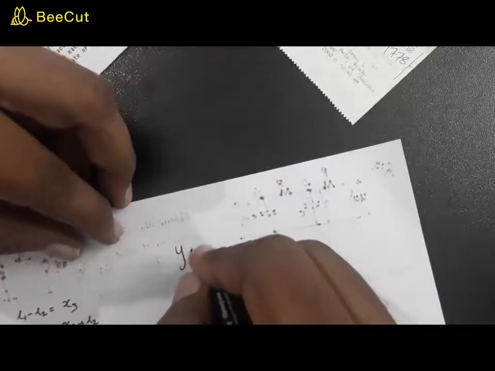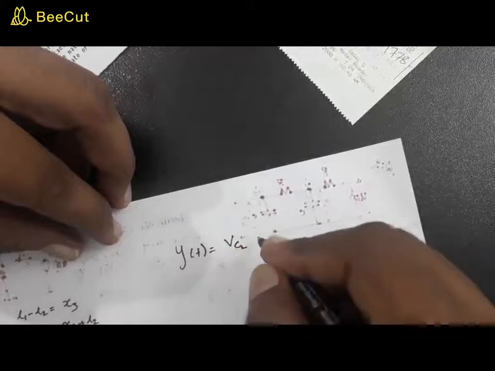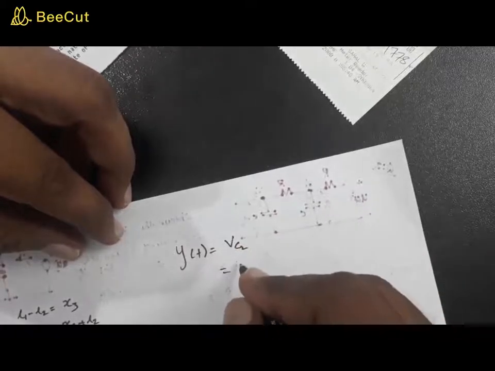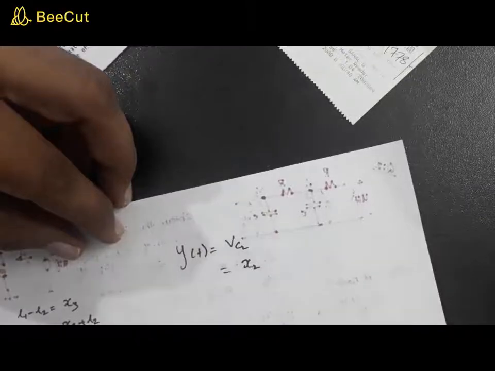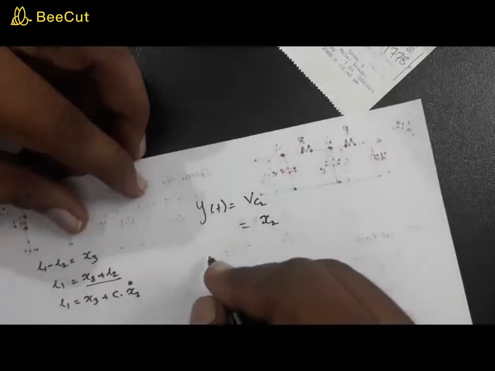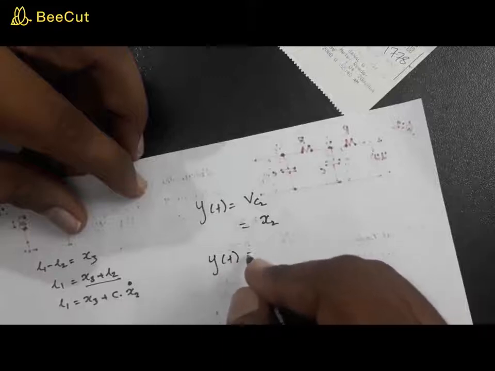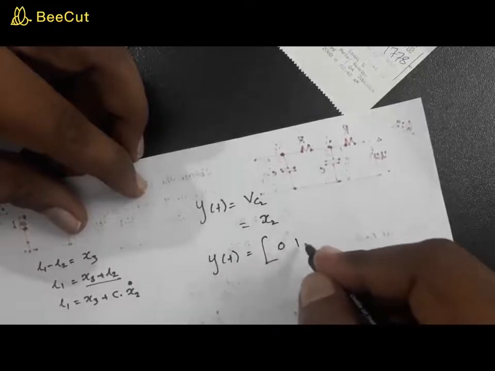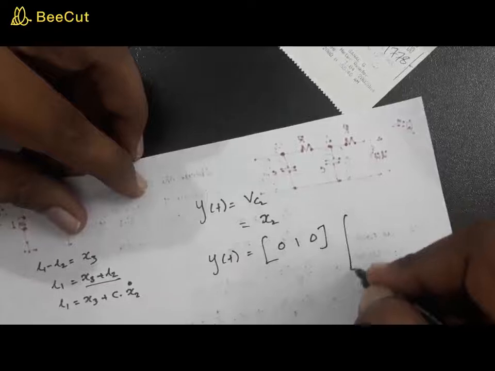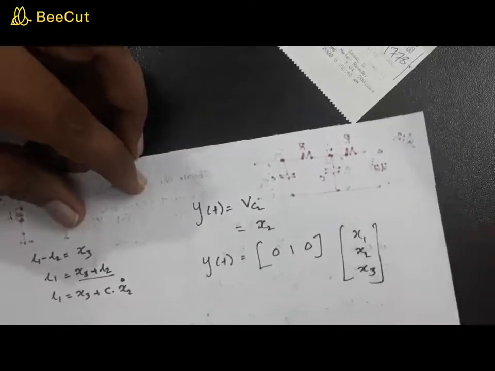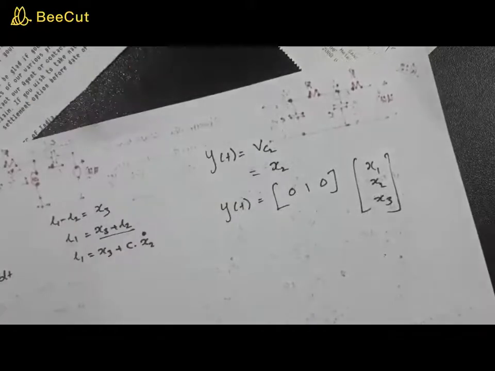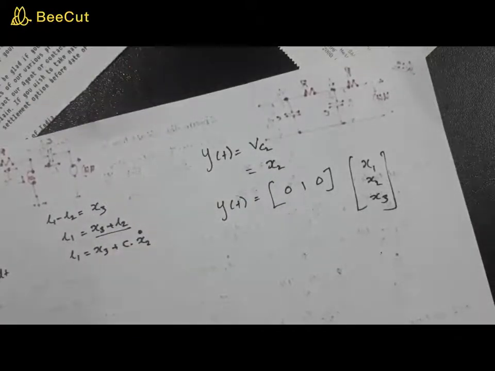The output equation is y of t equal to VC2. Now we have already assigned this VC2 to be x2, right? So y of t is x2, or you can write it as y of t equal to 0 1 0 into x1 x2 x3. Okay, right? So this is actually the state model of the day.